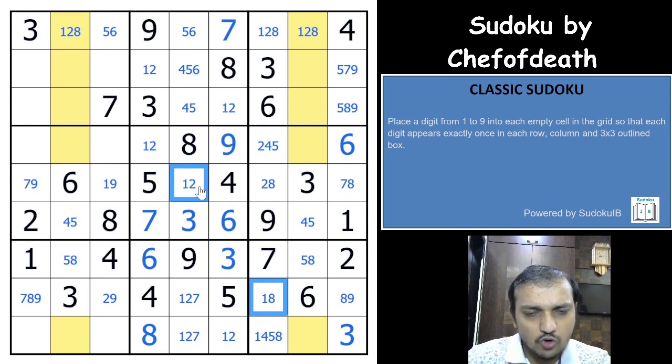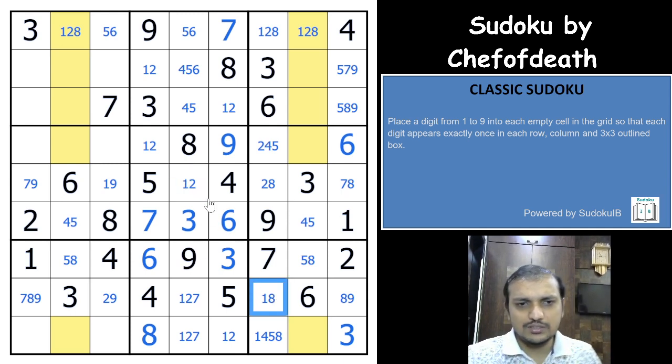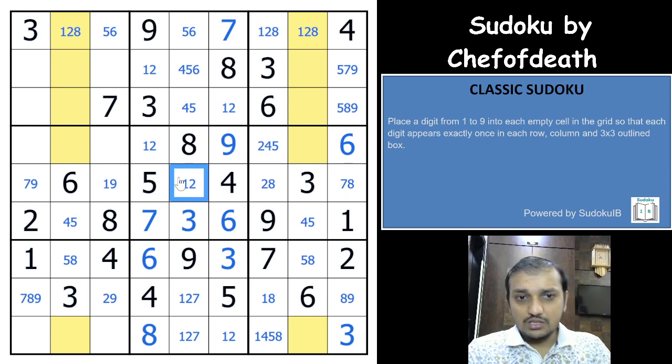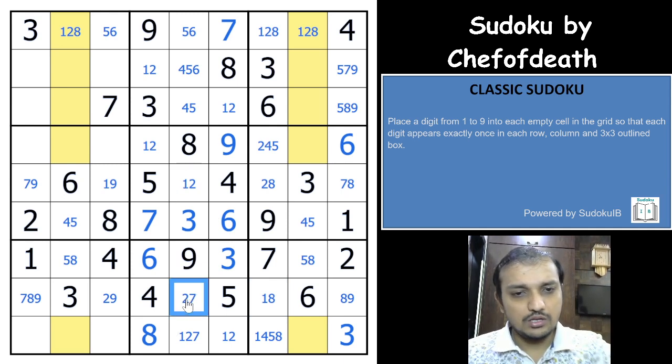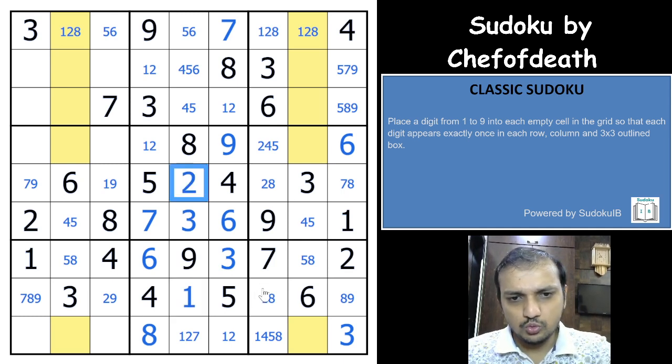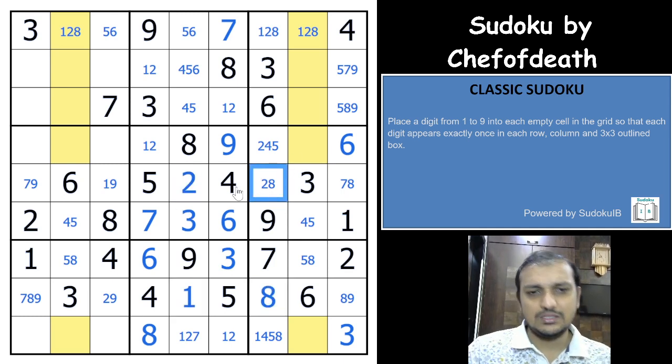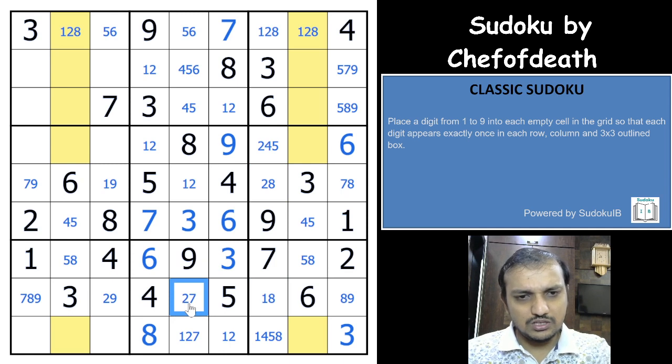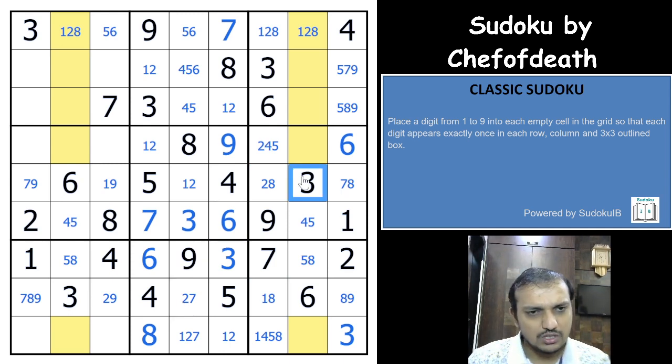The common digit between these two cells is 1, that is B. So the cell seeing both of these cells simultaneously cannot have 1. The moment you have 1 here, that's 2, that's 8, and then you cannot have anything here. So this cell is not a 1. That was a really nice logic.